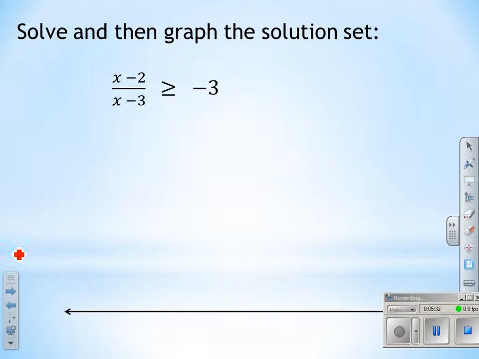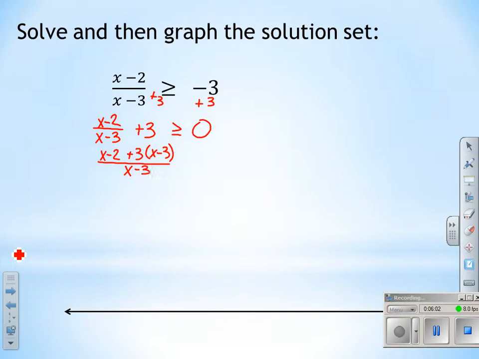First thing, we want to rewrite this fraction in general form, which means move everything over to the left. So x minus 2 over quantity x minus 3 plus 3 is greater than or equal to 0. Now we need our common denominator, so we're going to multiply 3 by x minus 3, all of that over our common denominator.